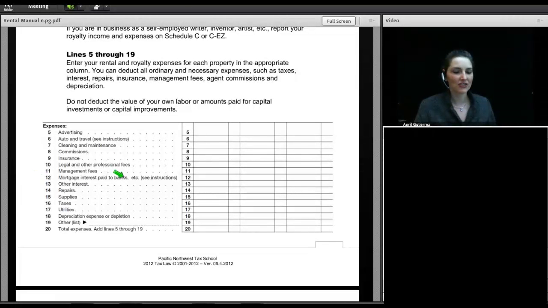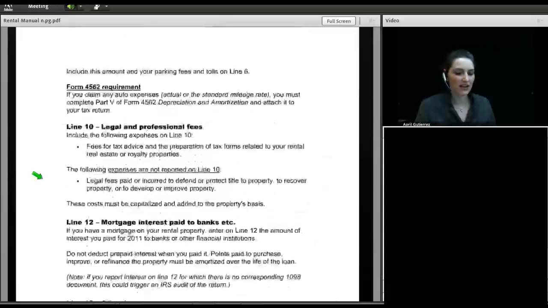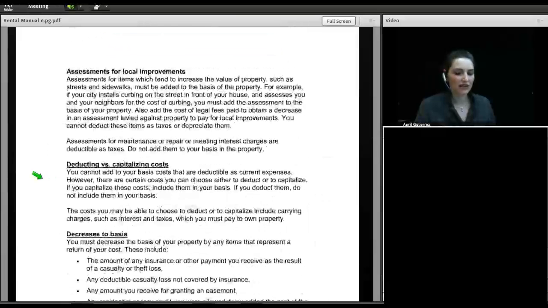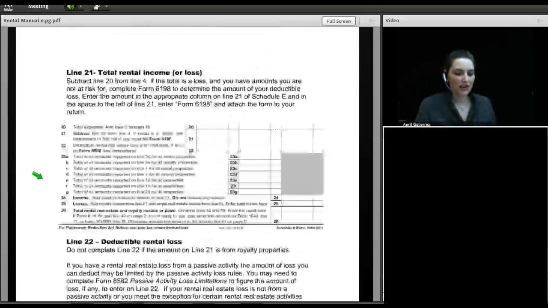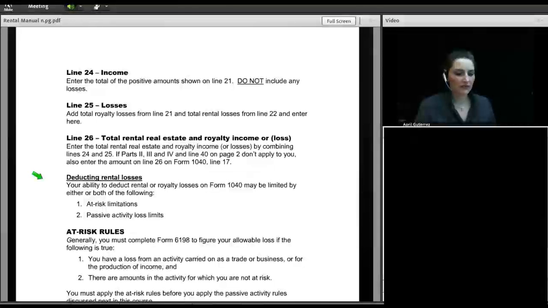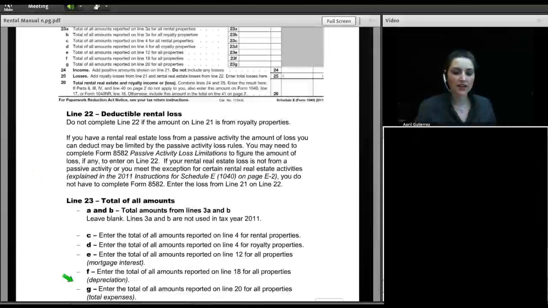The instructions are enter interest that was reported on a 1098. Whatever amount was not on a 1098, do not enter on line 12. The IRS is going out of its way to total the amounts on line 12 and point them in your face again here on line 23. Mortgage interest that's not on a 1098 would go on line 13.